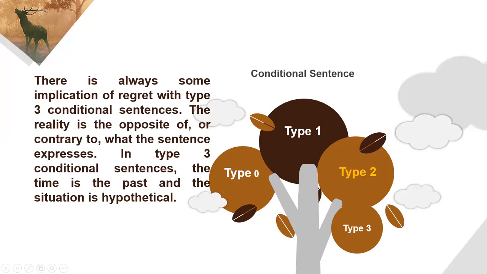So it is conditional sentence type 3, and in that sentence, the reality is the opposite, berlawanan dengan yang diucapkan, because it cannot happen again. And there is always some implication of regret with type 3 conditional. You can use conditional sentence type 3 to express a regret, penyesalan.